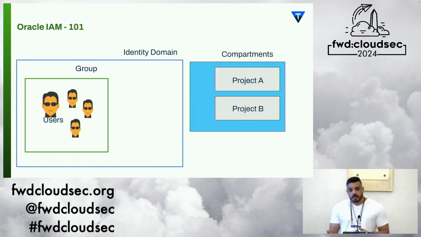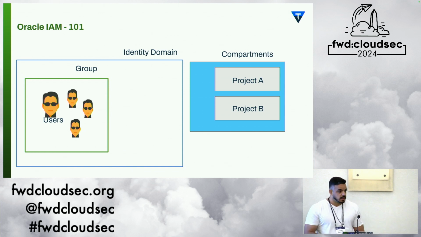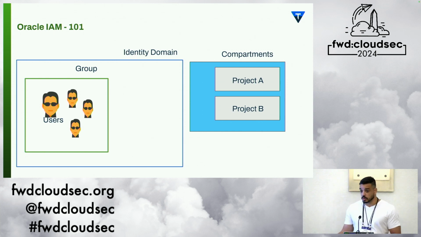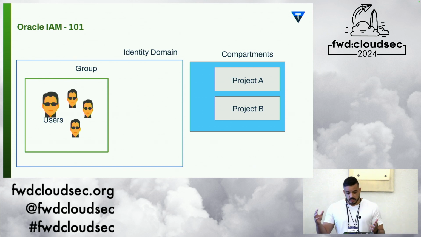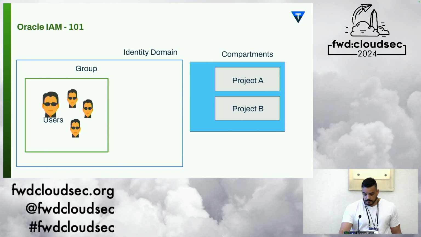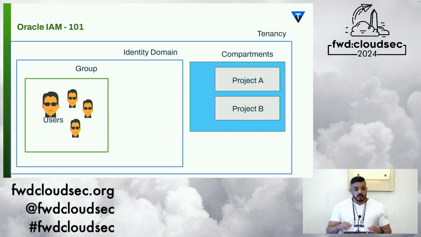And in Oracle, you also have one thing they call compartments, and this can be related to projects on GCP or accounts on AWS or even resource groups on Azure. And compartments are basically logically separated pieces of cloud where you can put a project or two projects, or compartments inside compartments. You can do this kind of stuff. And above that, you have your own account. It's called the tenancy. And that's how Oracle works.